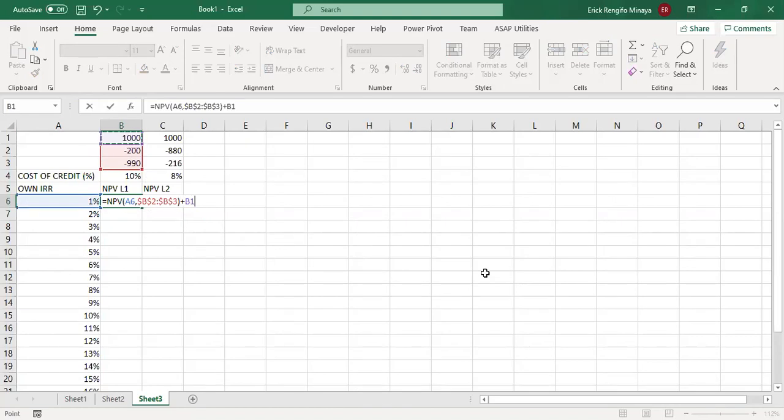A6 is the number that's going to be changing. A6, A7, 8, 9, 10, etc. My cash flow is never going to change because the payments never change. It's minus 200 and minus 990 never change.